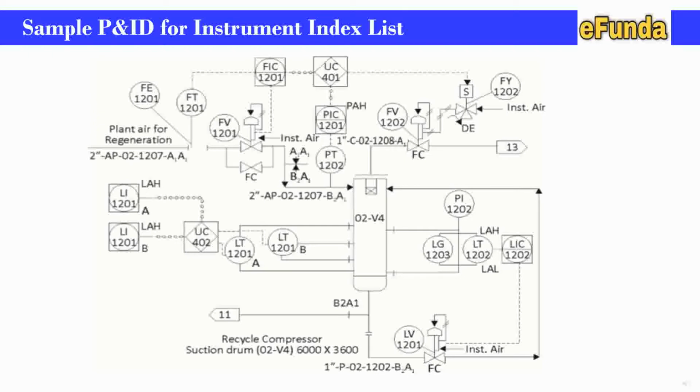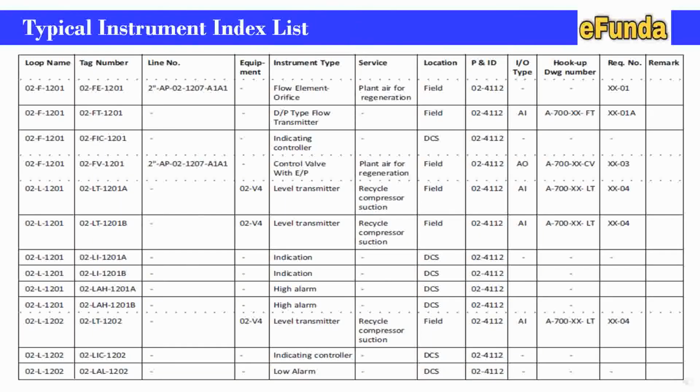Now we will refer to this P&ID, and based on this P&ID we will discuss the sample instrumentation index in our next slide. For better understanding of an instrument index, we will see a typical example of the instrument index list where we have prepared the instrument index.